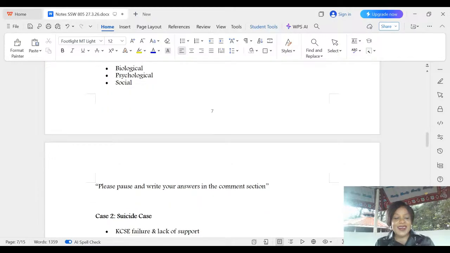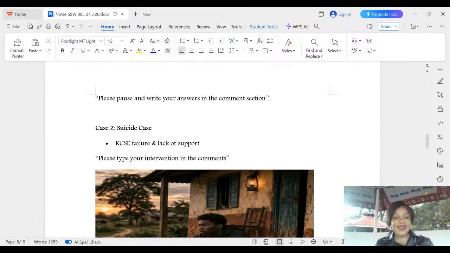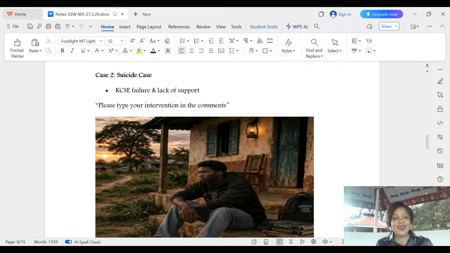All right. Then I have another case here. It's a case of suicide. We have this young man here. I'll put up a picture here. He has experienced failure in his exams in the last KCSE exam, and is also going through a lack of support, even after that experience.